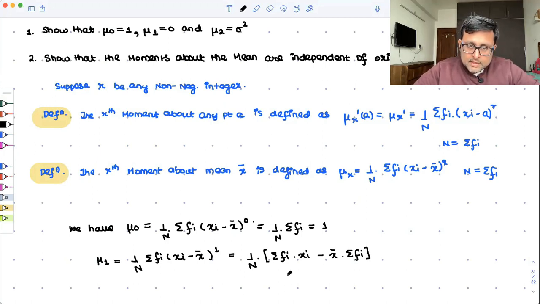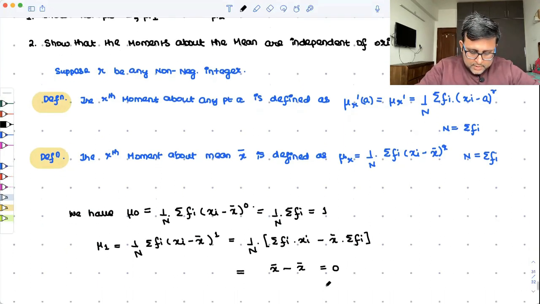We can write it like this. But beta, what is summation of fi xi upon n? That is nothing but x bar, right? Summation of xi upon n is nothing but x bar, minus x bar into summation of fi is n, and n upon n has been cancelled out, and so this is just 0, right?